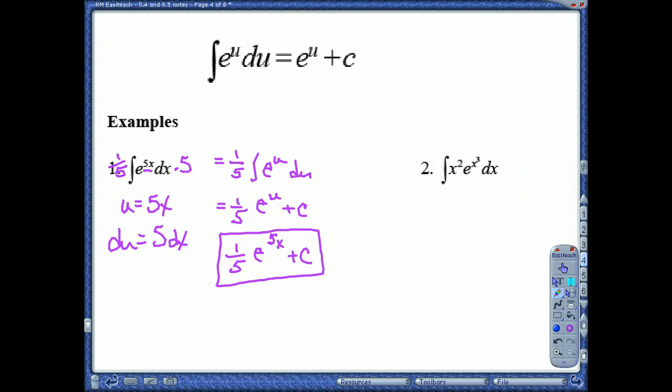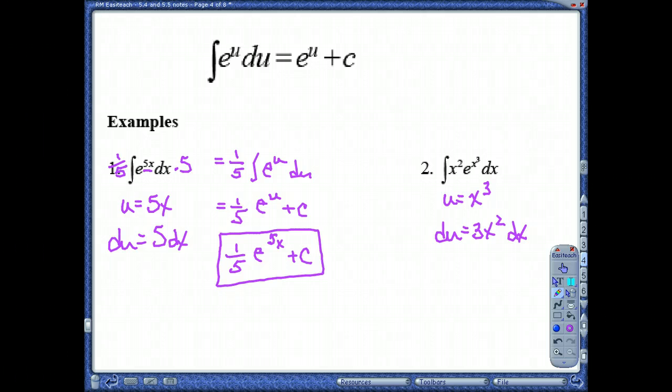So as you're looking at these, if you have just one exponential and the power is not a 1x, your power is going to be your u substitution. Looking at this, I've only got that one exponential. The power is not 1x, so the whole thing's going to be my u, which means my du is going to have to be the derivative, which is 3x squared dx.